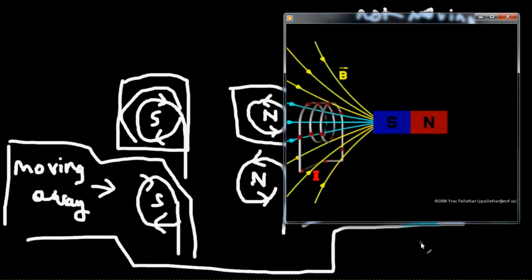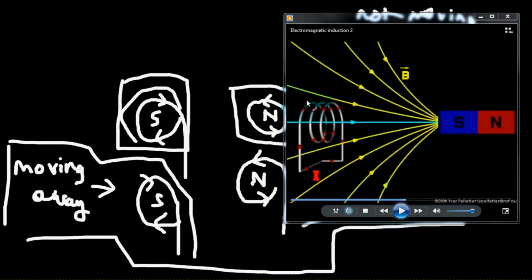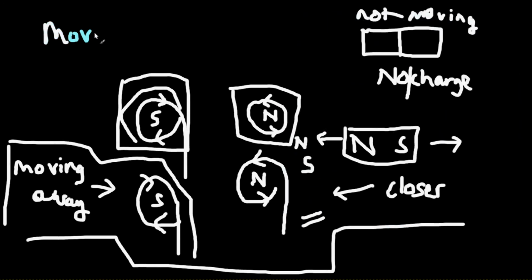So you can see when you're moving the magnet away, it's anti-clockwise. Anti-clockwise means it's north. So the same rule applies. When you're moving the south away from the coil, it wants the coil to come back, so a north is developed on that face.